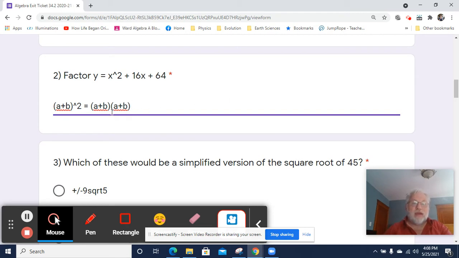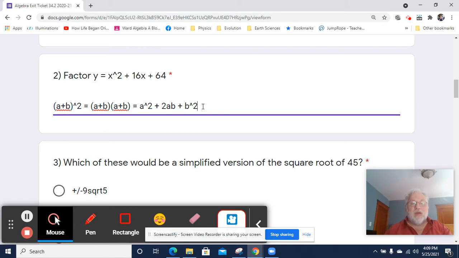And when I do that, I'm going to have a squared, so a times a, so a squared. I will also have an a times b, a second a times b, and then a b times b, which will be b squared. The a times b plus the a times b can be put together into a 2ab. If this had been minus, I would have a negative ab and a negative ab, and there would have been a minus 2ab. But this is what we have here.